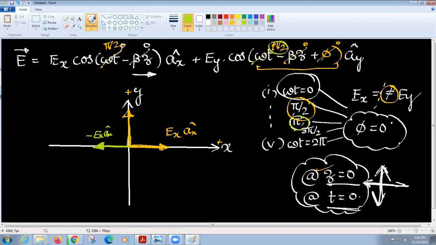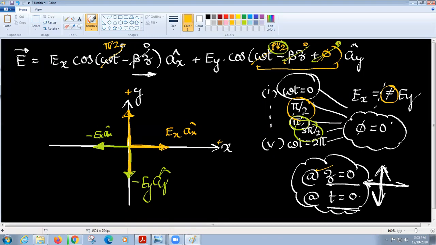This is also pi, so here also you get negative Ey. Therefore you have this. And again, you can take 3 pi by 2, which gives 0 for both. At 2 pi, it's positive 1 again. So what's happening now?